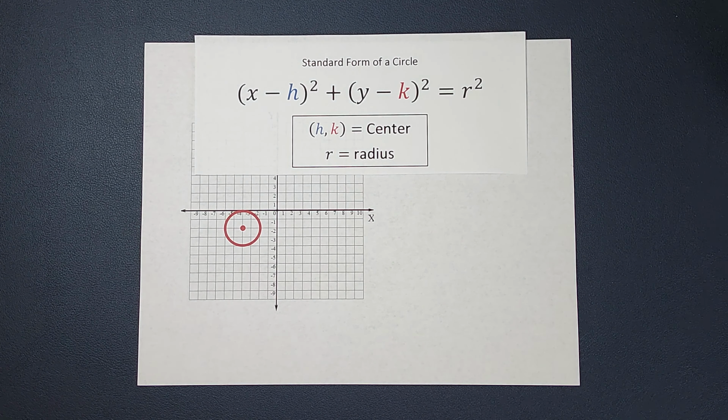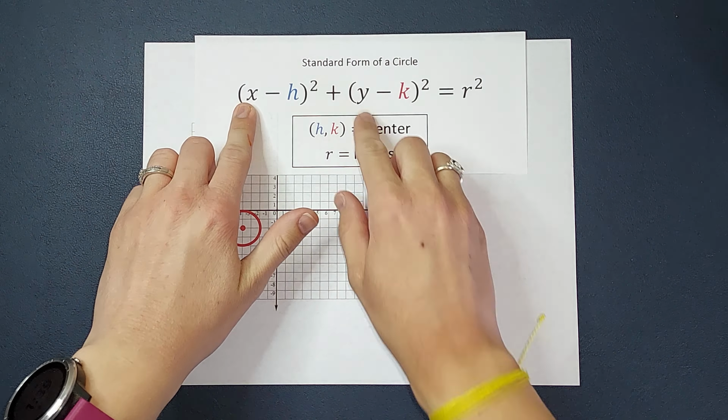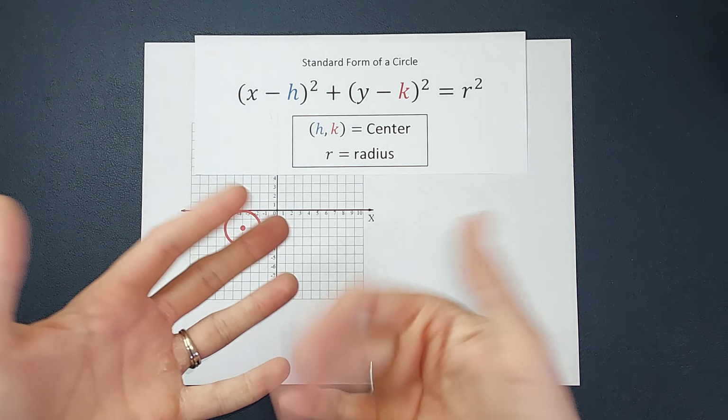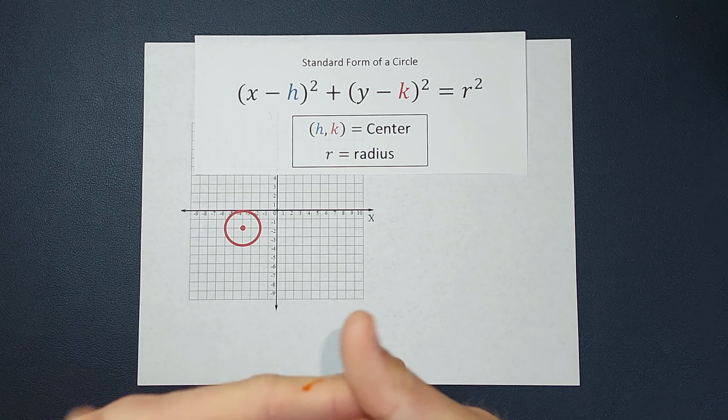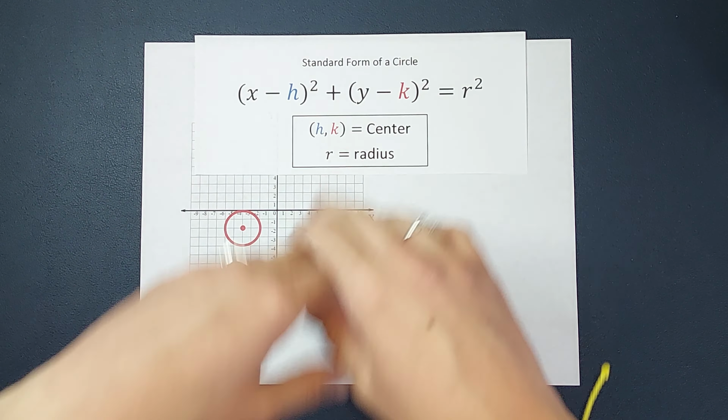As long as we know our center and radius, which we can figure out from this, we can fill in this formula. When I fill this in, the x and y are going to stay x and y, and we are going to fill in the numbers for h, k, and r.